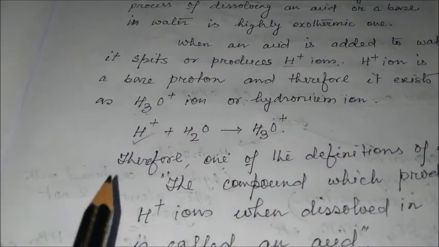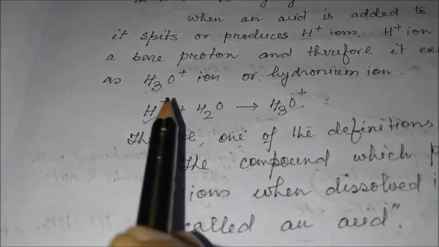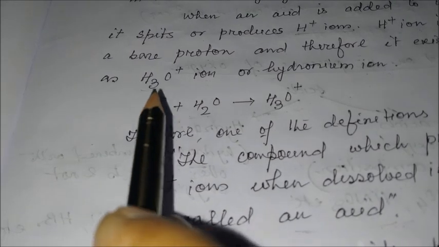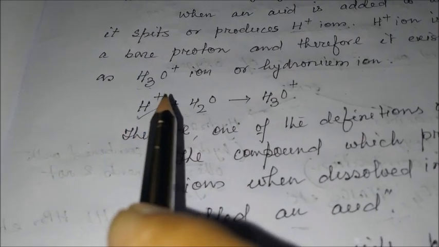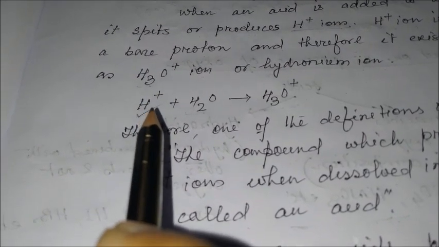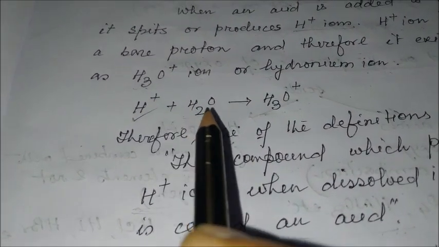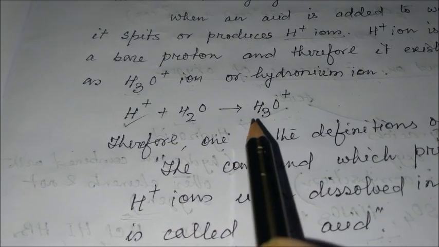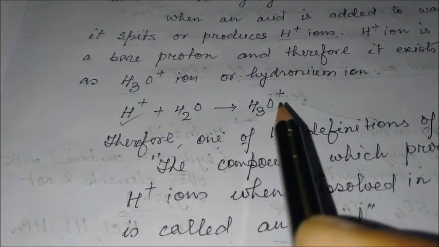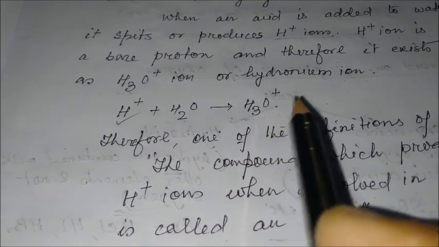Now consider this case. Suppose this H positive ion is produced by the acid in water. This H positive ion will combine with this H2O molecule and will exist as hydronium ion H3O plus or H3O positive ion.